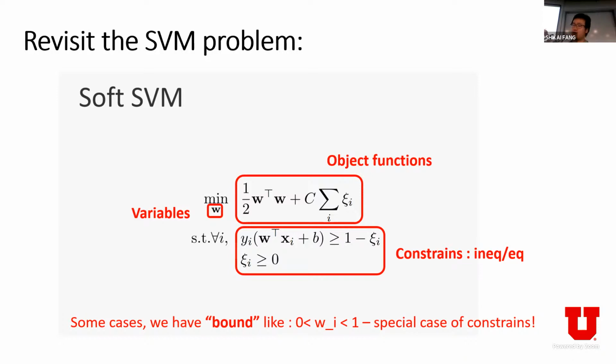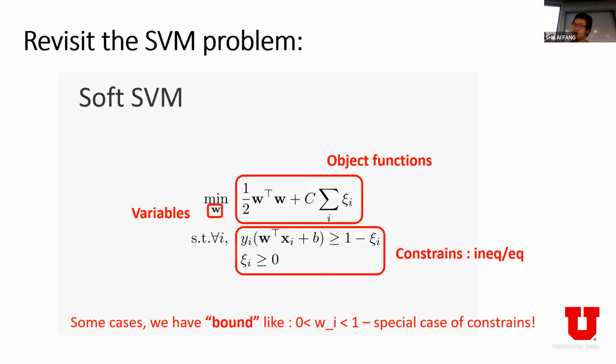I call it the variables. The first line, one half W transpose W and so on, is called the objective function. I want to optimize the variable W to minimize such an objective function.